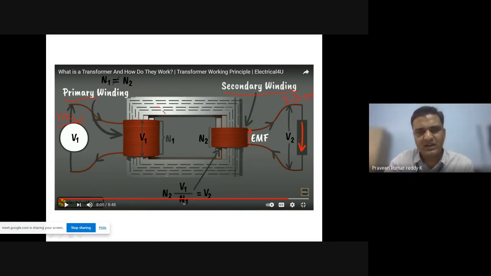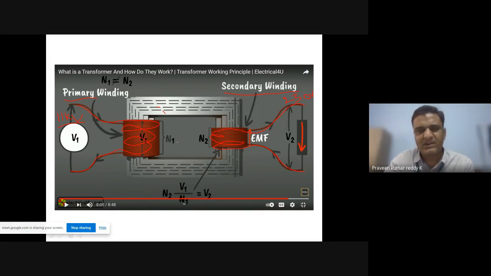How it is stepped down is, basically we'll have two windings inside the transformer. This winding we have here is called the primary winding, and this winding we have here is the secondary winding.